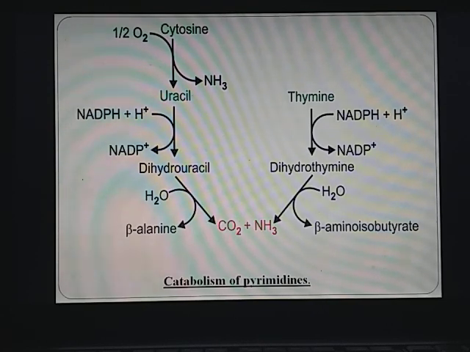The end products of pyrimidine metabolism are water soluble, in contrast with the end product of purine metabolism, where uric acid is synthesized and uric acid is sparingly soluble in water. That is a major difference between the end products formed in purine catabolism and pyrimidine catabolism.